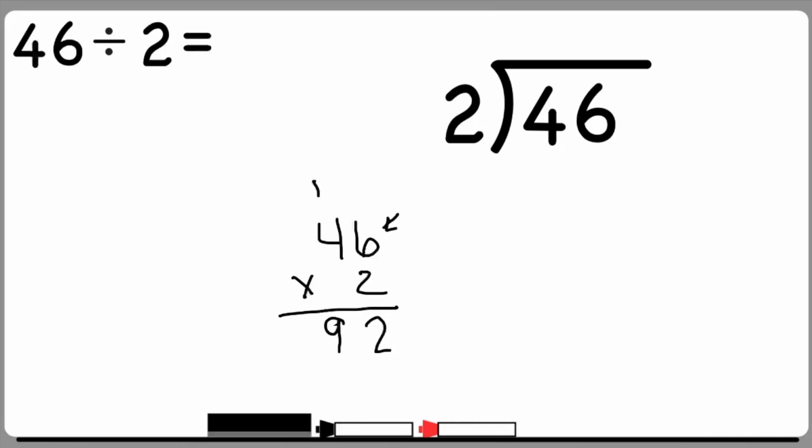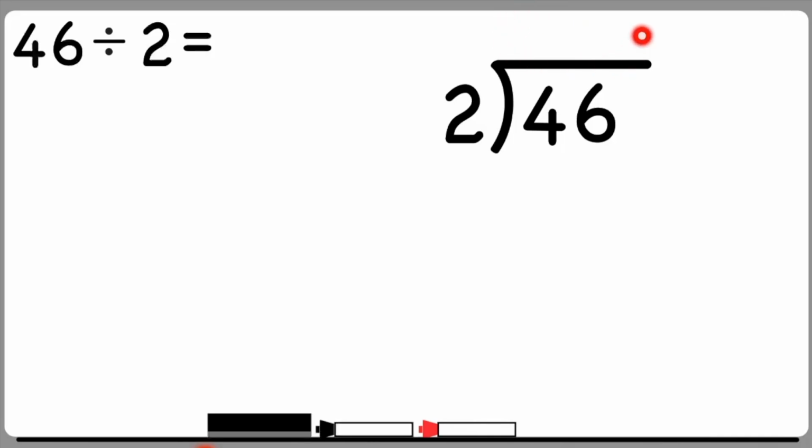You work from right to left. Division is different. In division, we start with our largest place value on the left side and move towards the right. Also, in division, our answer, our quotient, ends up on top. Our work goes down below.